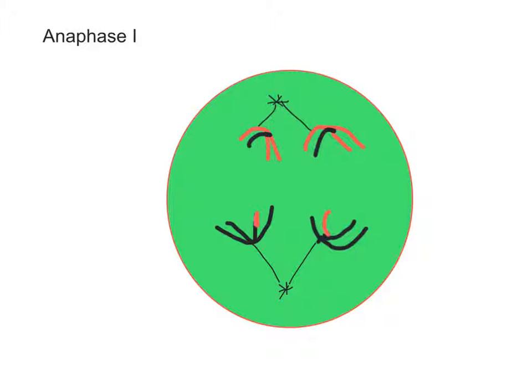So this will allow equal chances for each pair to connect the spindle fiber with its centriole no matter how it is faced. Also known as Mendel's second law, Mendel's law of independent assortment states that the alleles separate independently during the formation of gametes. This means that traits are transmitted to offspring independently of one another.